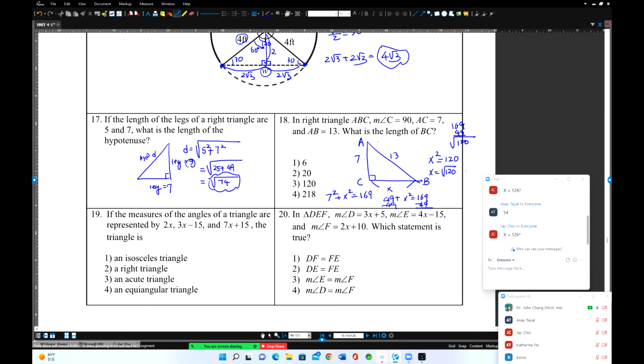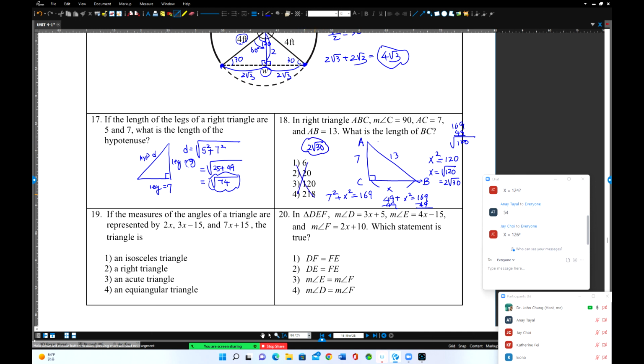Square root of 120 is correct. Anyway, 2 root 30, right? Yeah, 2 square root 30. Anyway, the square root of 120 equals 2 root 30 is the answer, okay?